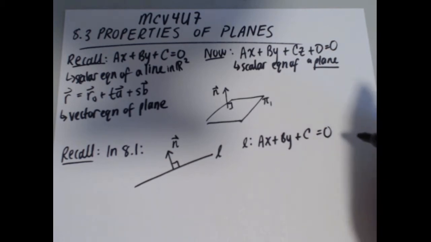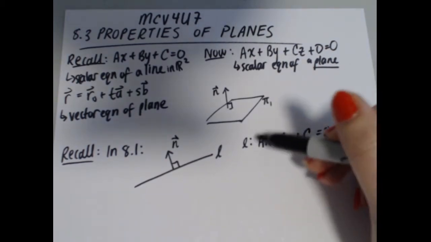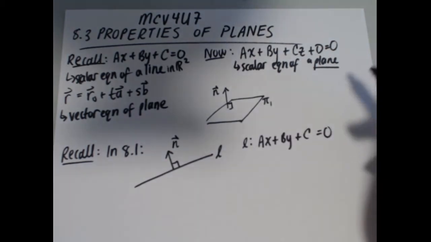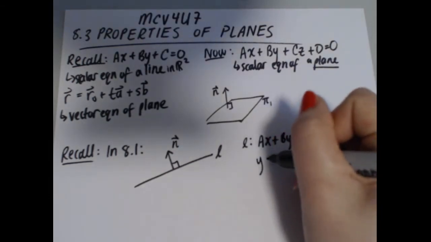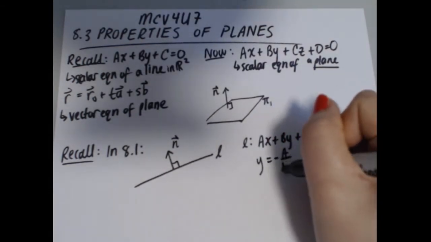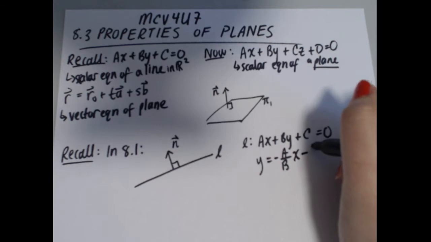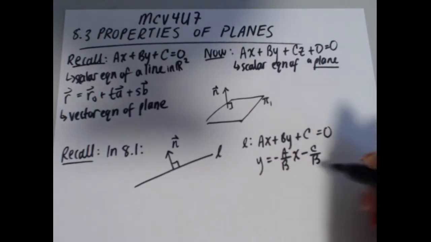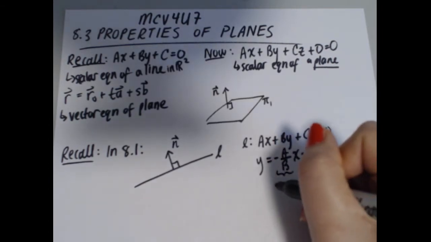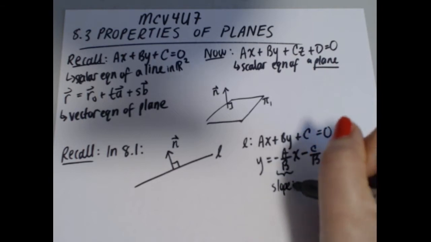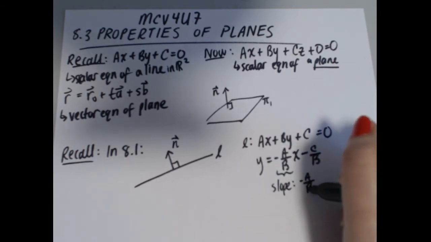So this was the equation in standard form. And through a series of rearranging this and isolating for y, we ended up with y is equal to negative a over b x minus c over b. And so we saw that the slope of the line was negative a over b.